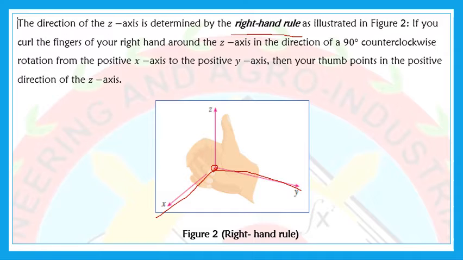So, para madali nating matandaan yung three-dimensional coordinate system, pwede ninyong gamitin yung right-hand rule. Okay, so yung thumb ninyo is yan yung z-axis. And then, i-curl nyo lang siya. Okay, curl nyo lang. 90-degree counterclockwise rotation. So, from the x-axis, papunta siya kay y-axis.